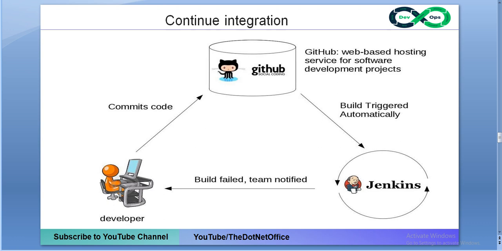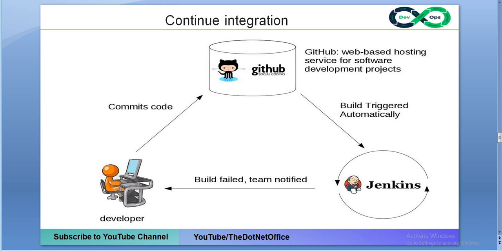What is the use of this Jenkins server? It notifies whether the changes coming in are fine, whether they are reviewed, and whether the code cleaning is proper or not. Many things are handled by this Jenkins server.